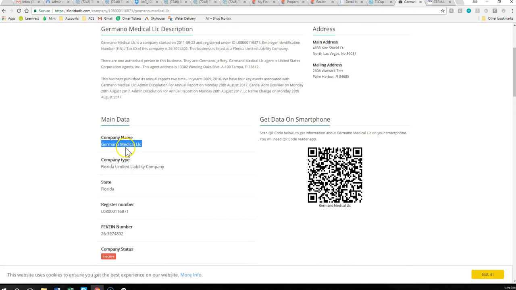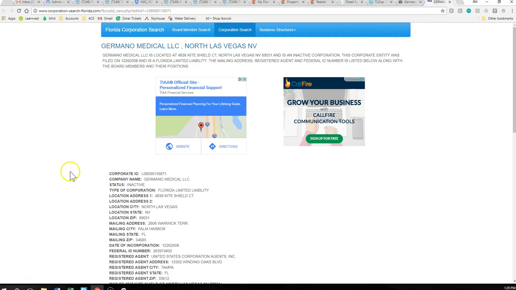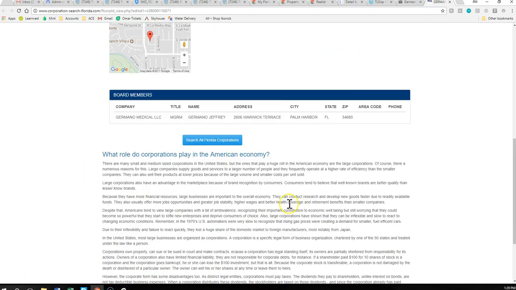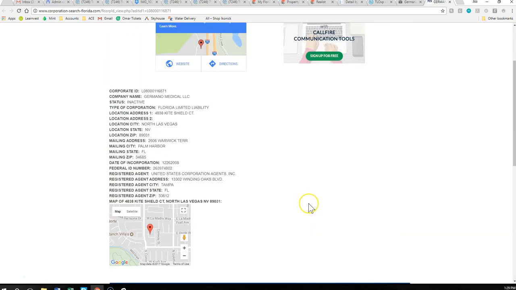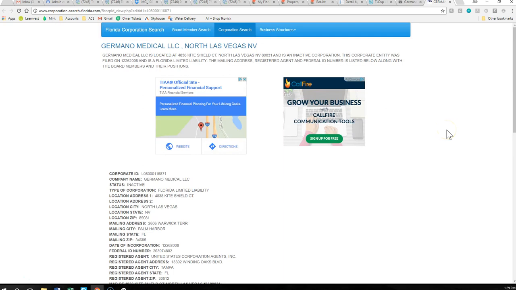See that? Company name, Florida, LLC. We got the address, but there's no phone number. So what you're looking for, obviously, is a phone number, right? Nope, no phone number anywhere.